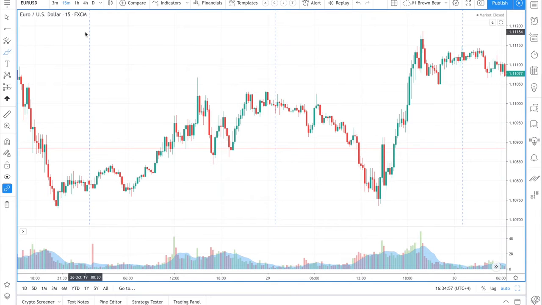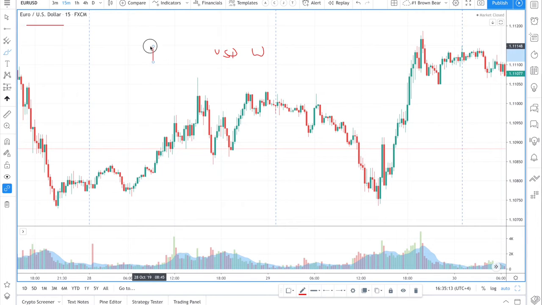Let's assume you are looking at this for Euro USD, and Euro USD is telling you US dollar is weak. USD is weak fundamentally, and Euro is strong. Okay? So if USD is weak fundamentally and Euro is strong, the chart should be going upwards.